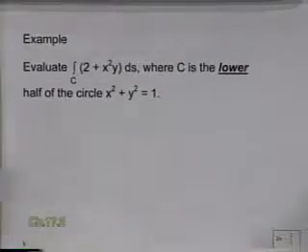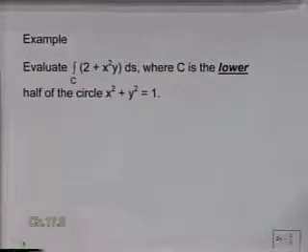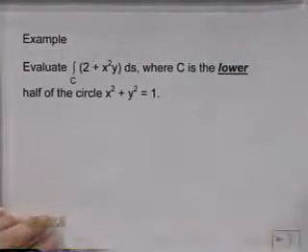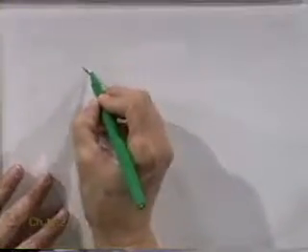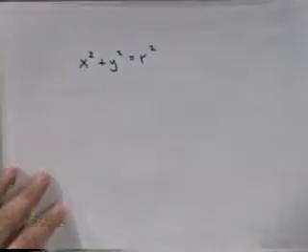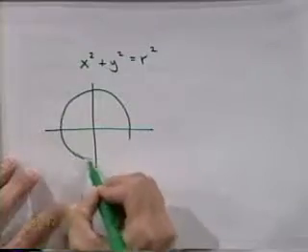So let's do one. In this one right here, we're asked to figure out the integral along the curve c of 2 plus x squared y ds, where c is the lower half of the circle, x squared plus y squared equals 1. Now one thing, let's just review real quickly. If you have x squared plus y squared equals r squared, that's a circle of radius r, centered at the origin.